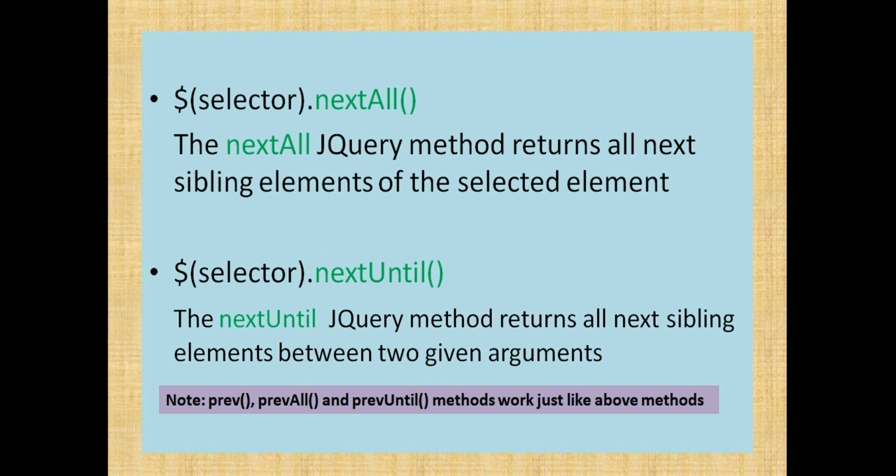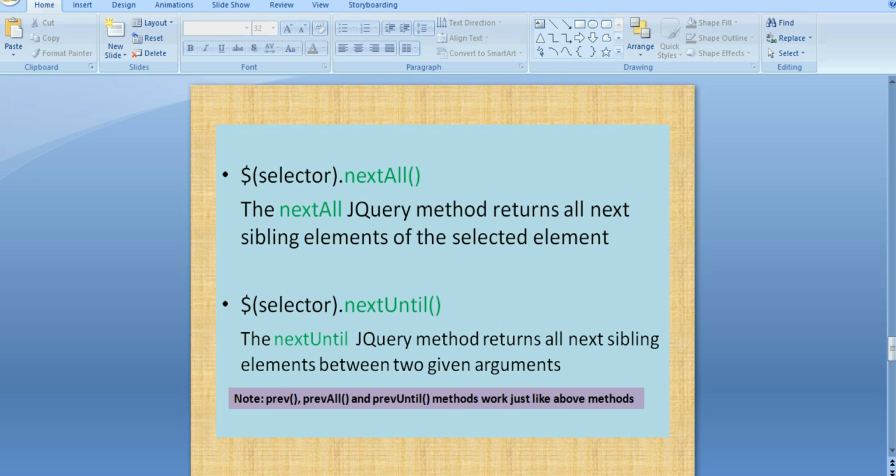Now the next method is the nextAll method. The nextAll jQuery method returns all next sibling elements of the selected element. Let's see how we work with it.